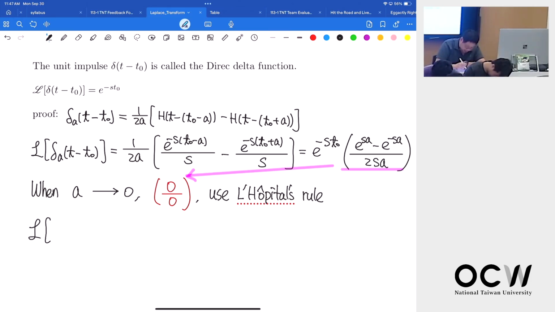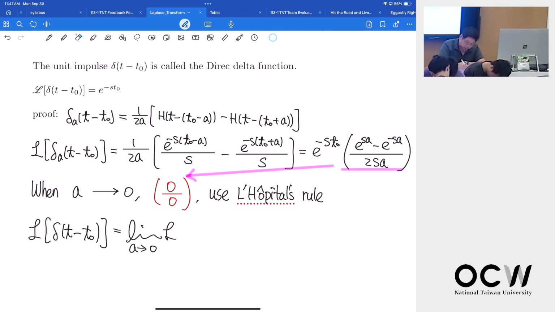The Laplace transform of the Dirac delta function is the limit as a goes to 0 of the Laplace transform of the unit impulse.